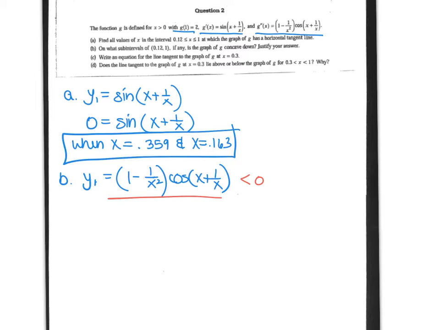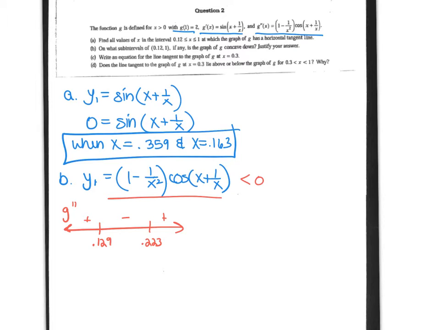So that's what we're looking for, is when is this less than 0, because then it'll be concave down. So when you look at the second derivative, it equals 0 at 0.129 and 0.223. So if you check your signs, it looks like this.